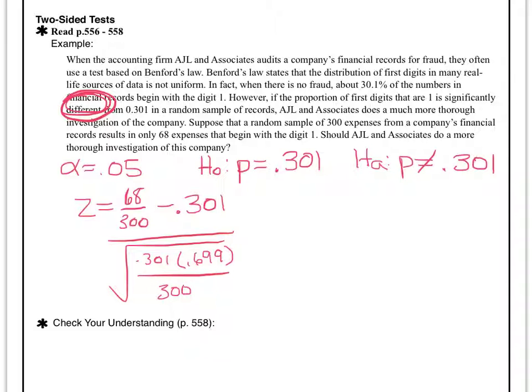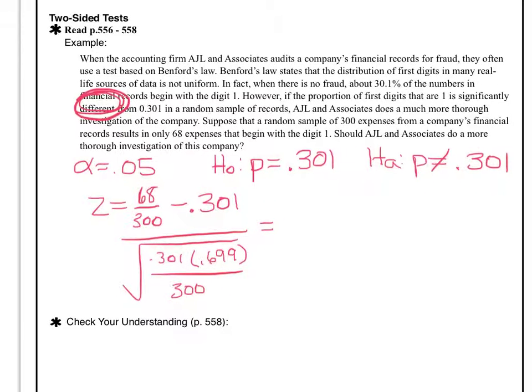And that gives me a z-score, or a z-statistic, of negative 2.79.